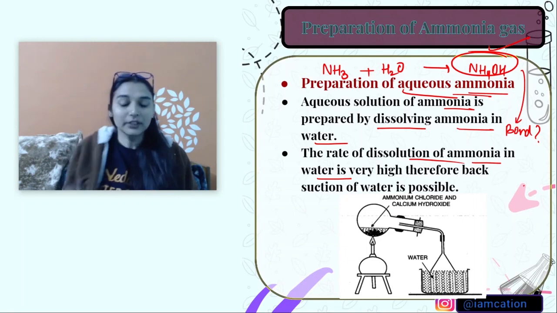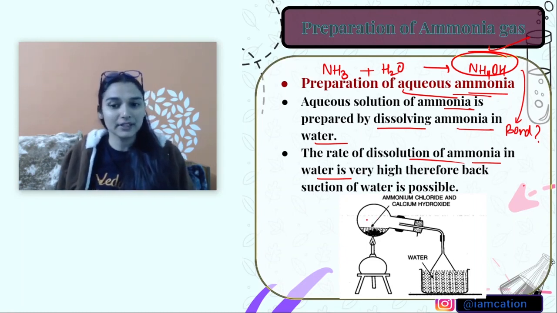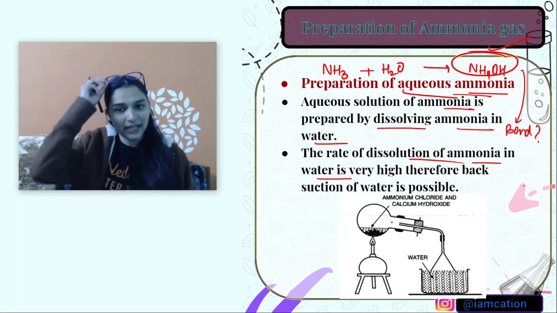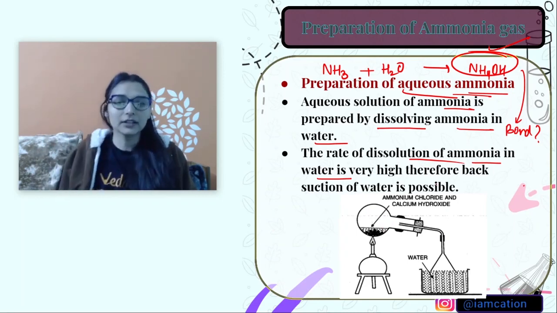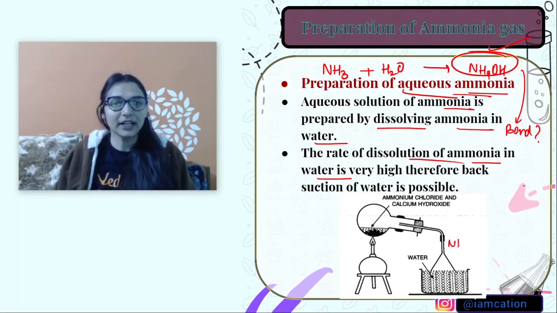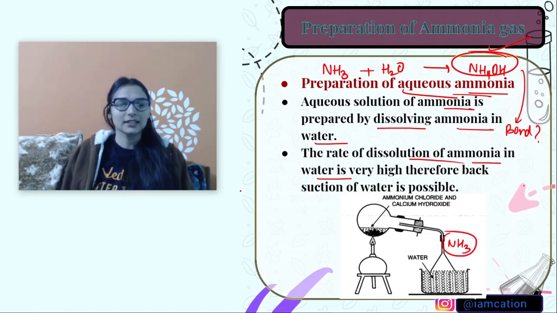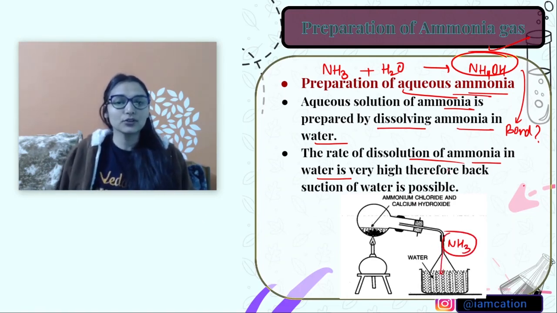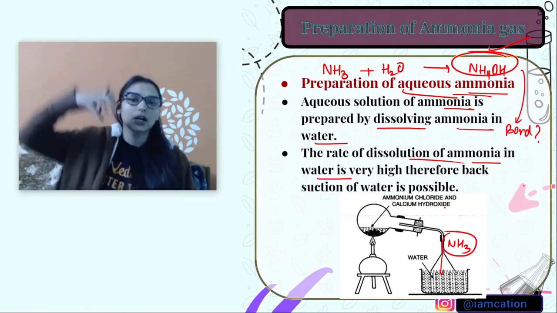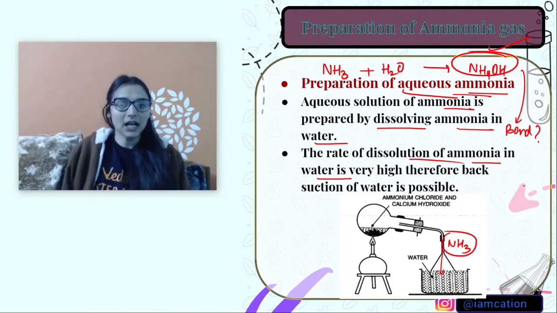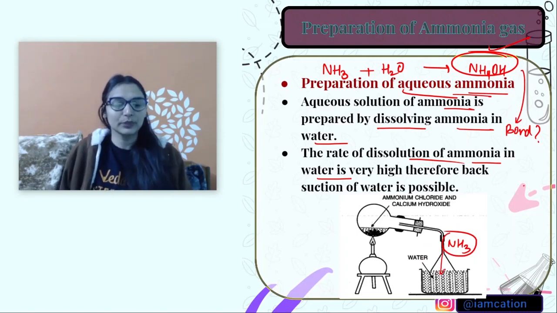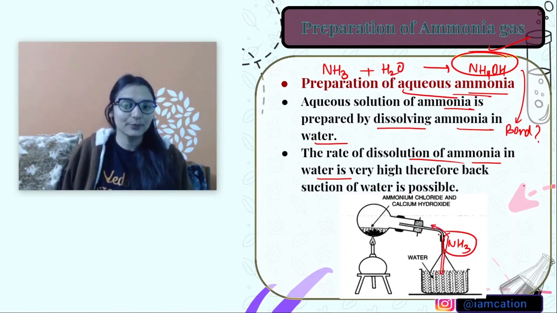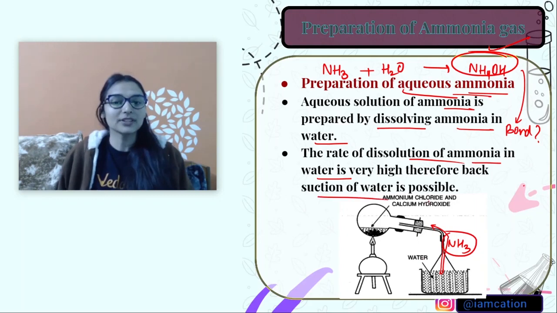Okay, so ammonium chloride and calcium hydroxide, whatever sources there were, we have taken the reactants, and here we are getting ammonia. Now ammonia is highly soluble in water, so what it would do is try to suck water. So back suction will happen from here because of the pressure that would be created. So the water might go back. So there is a possibility of back suction. That is why in advance we use a drying agent.